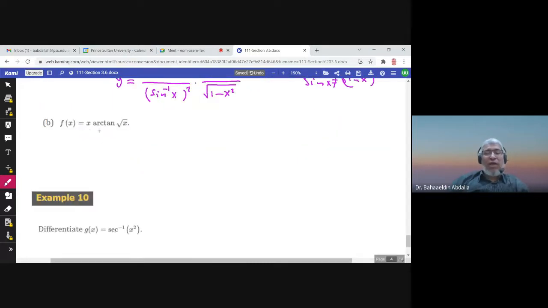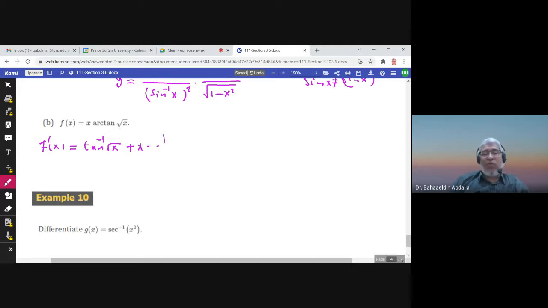Well, here I have a product, so I use the product formula. f prime, the derivative of x is 1. And remember, arctan is just tan inverse. It's another way to write tan inverse. So 1 times arctan, or tan inverse square root of x, plus x times. Now, what is the derivative of tan inverse square root of x?